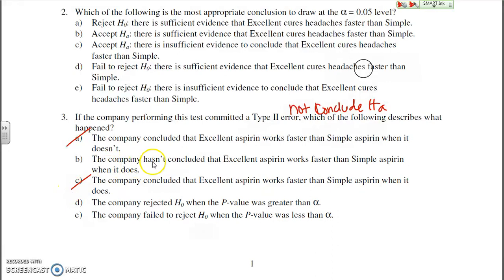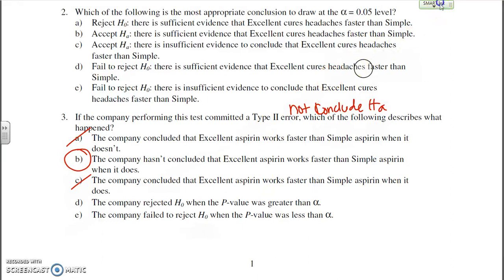We want to use the wording that they have not concluded. So the company has not concluded that Excellent aspirin works faster than Simple aspirin when it does. That's what I noticed that you guys struggle with, is a lot of people want to say concluding. But with fail to reject, we did not conclude anything. So the answer in this case would be B. We did not conclude that Excellent works faster when it really does.